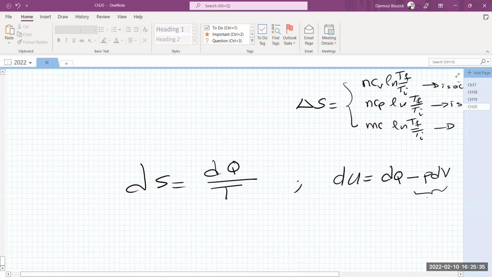This is W if you wish. From this expression, it's clear that for this infinitesimal process, dQ is dU plus PdV.